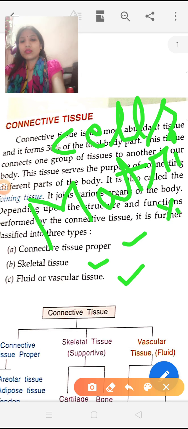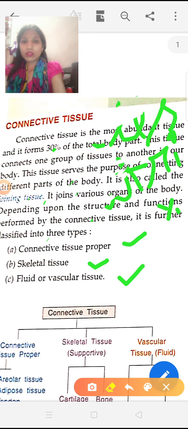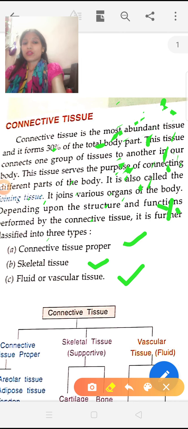Right? What is the matrix? You know very well, because in the previous class I told you about the matrix, intracellular spaces, and other basic terms regarding tissues.